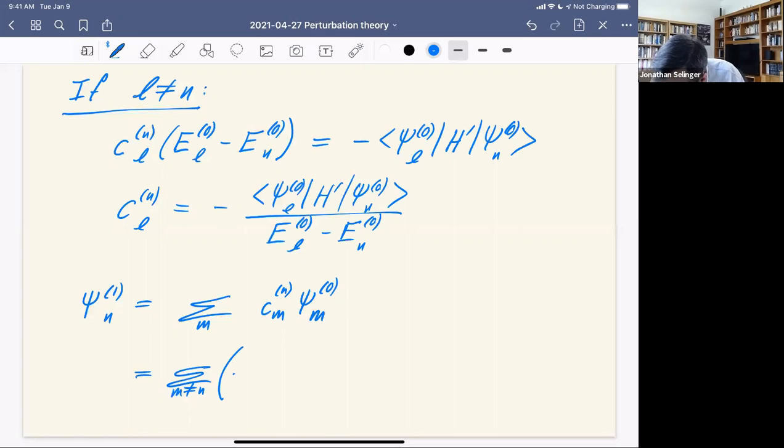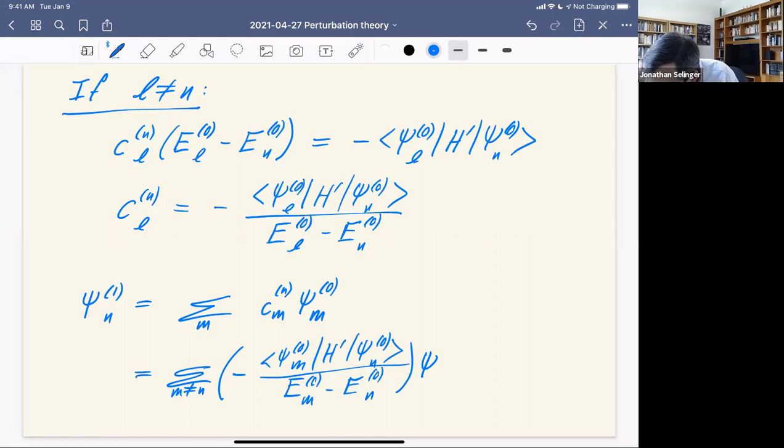So negative psi 0, I'm changing the letter L to M now because I want the subscript M. H prime psi 0N divided by the energy difference, E0M minus E0N, all times psi 0M.